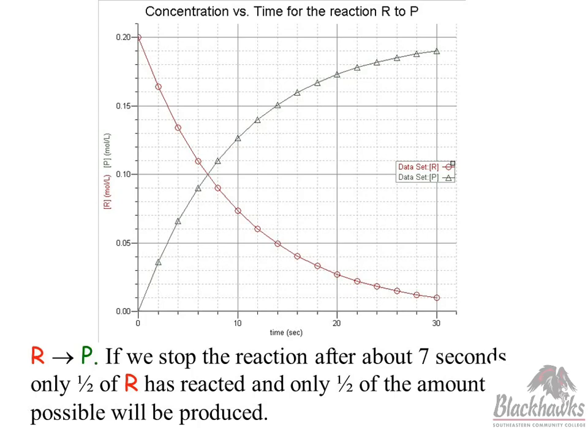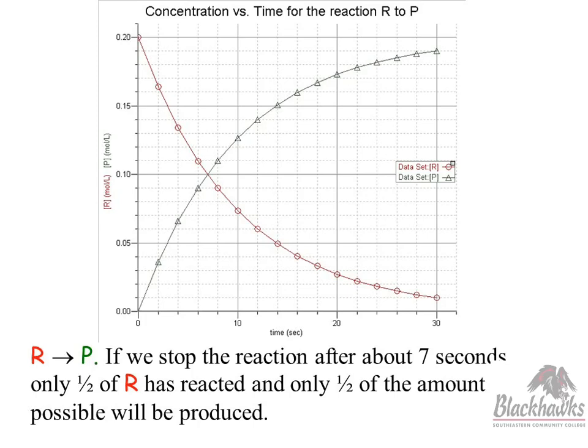And along the x-axis is time. So it's showing you over time. This caption says, say you were going to stop at 7 seconds. So this is 2, 4, 6, 7 seconds. Say you're going to stop there. Notice that if you start with 0.2, you've got about half and half.